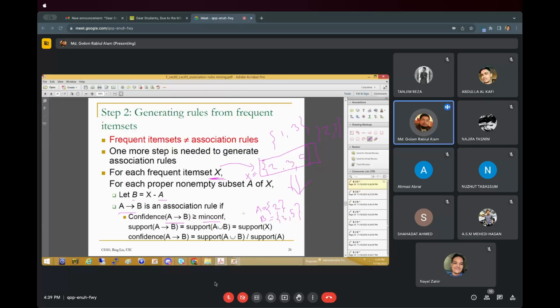So from here we can generate a rule: A implies B, that is, 2 implies 3, 5.